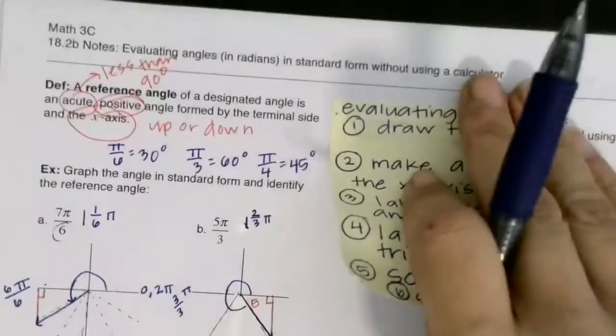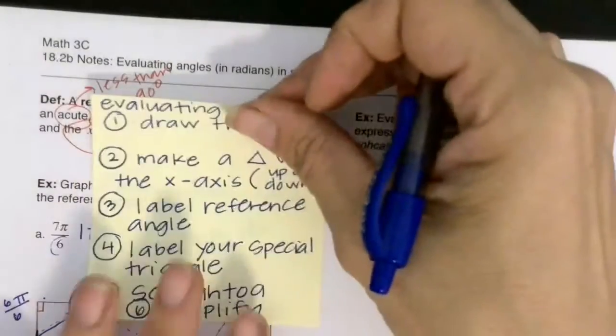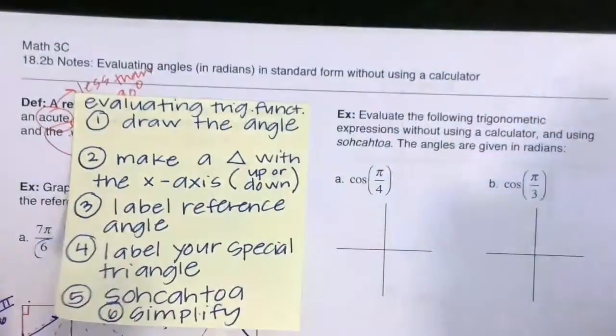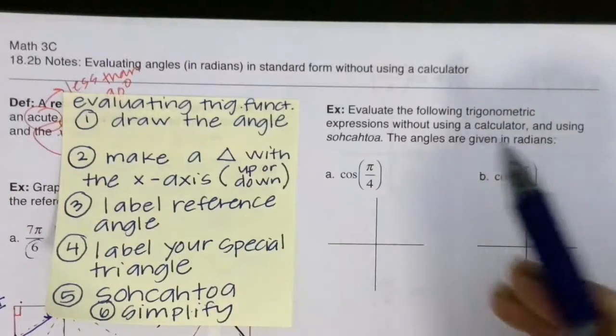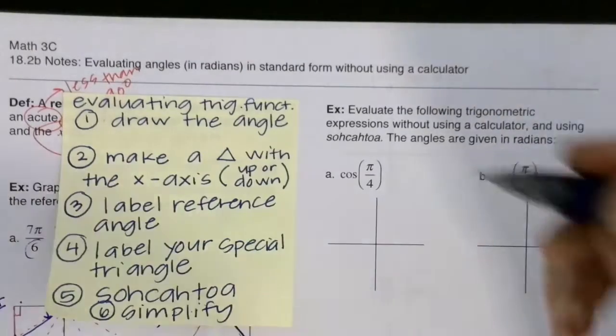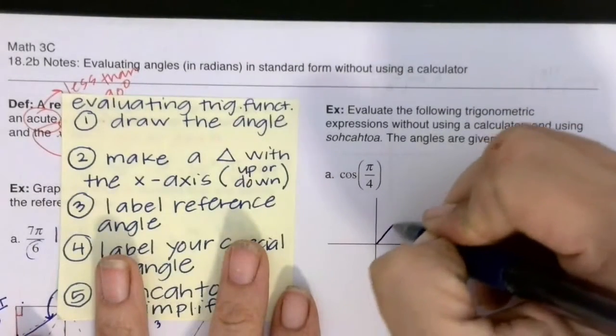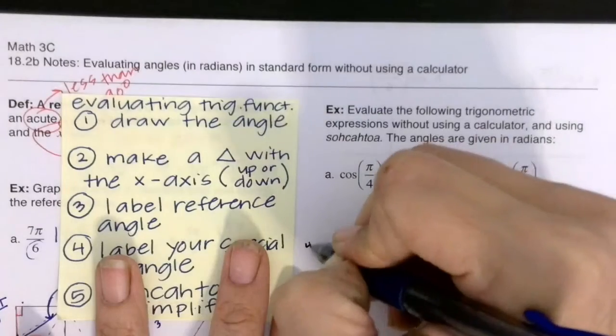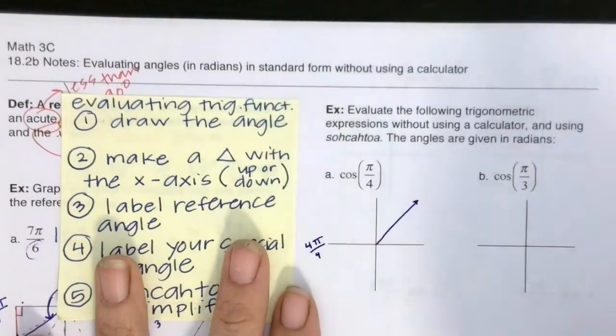Alright, now it's time for this post-it thing right here that we're going to be doing. It's the same thing. We can't use a calculator. The angles are given in radians, and we're using SOHCAHTOA. So the first thing we're going to do is draw the angle. So pi over 4, remember this is 4 pi out of 4 right there.